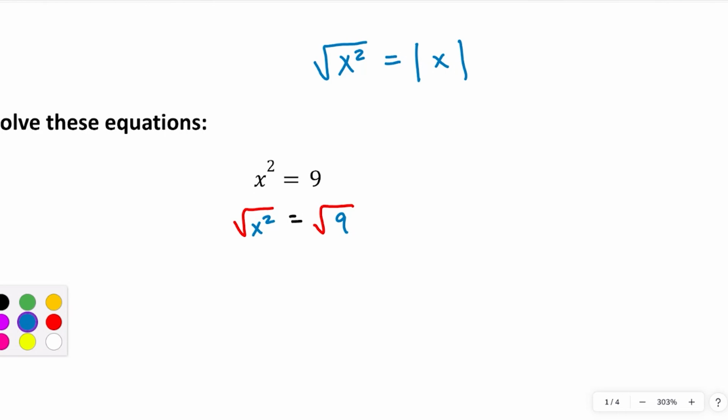And when you take the square root of x squared, we get the absolute value of x equals 3. Now the absolute value is a function that makes whatever you substitute into x positive, right? So there are two numbers that we could plug in here that would make this equal to 3. The absolute value of 3 is 3, and the absolute value of -3 is also 3. So we actually end up with two solutions here. x could either be positive or -3.